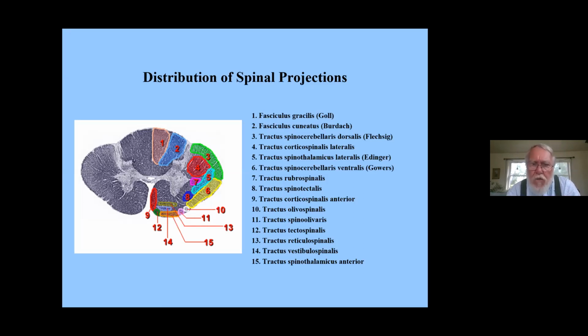One is called the dorsal or posterior spinocerebellar tract, and you can see that here. And then the other is the anterior or ventral spinocerebellar tract.